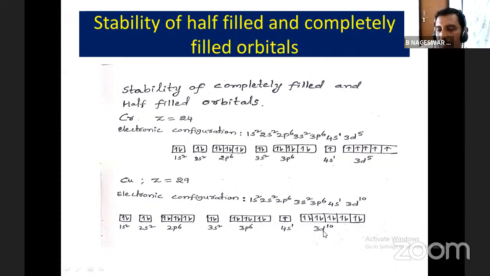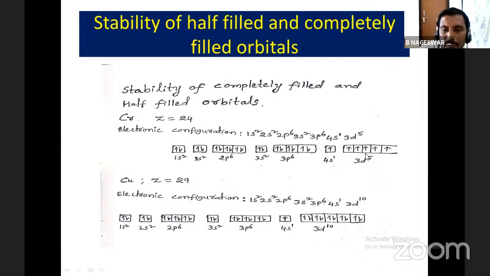But to get extra stability, one electron of the 4s orbital enters the 3d orbital and forms 3d10. Similarly, the actual electronic configuration of copper is 1s2, 2s2, 2p6, 3s2, 3p6, 4s1, 3d10.